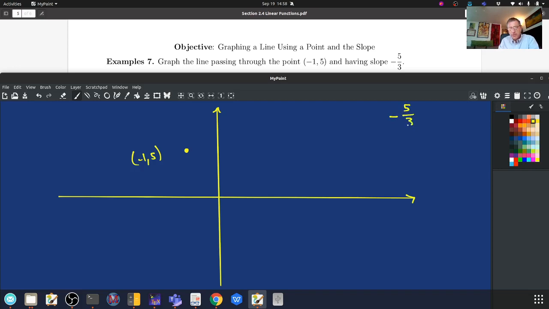So what you need to do, let me write this a little bit better, -5/3. That's equal to minus, where the 5 and the minus are in the numerator, and the 3 is in the denominator, or it's also equal to 5 by itself in the numerator, and the negative is attached to the 3 in the denominator.